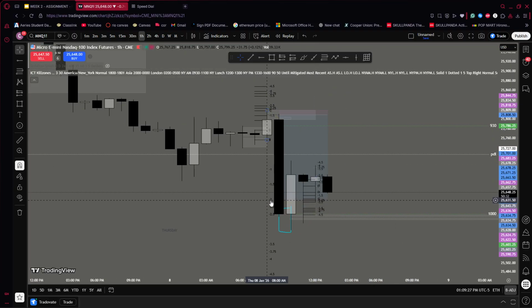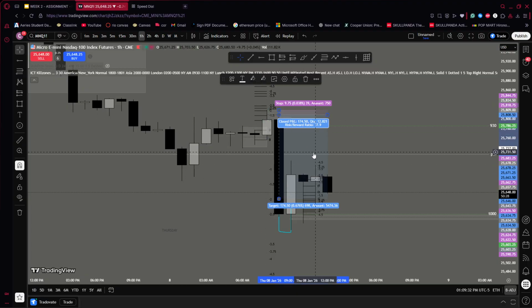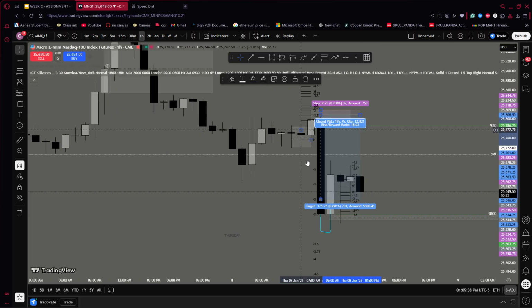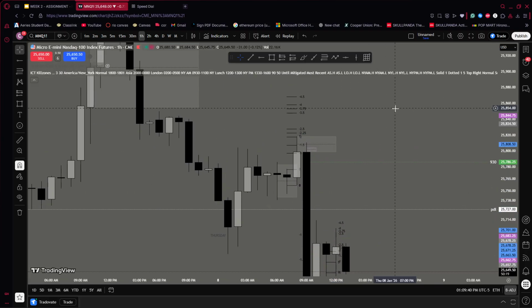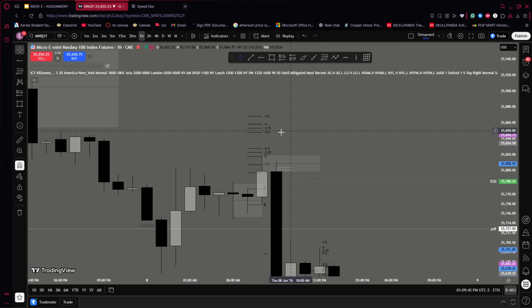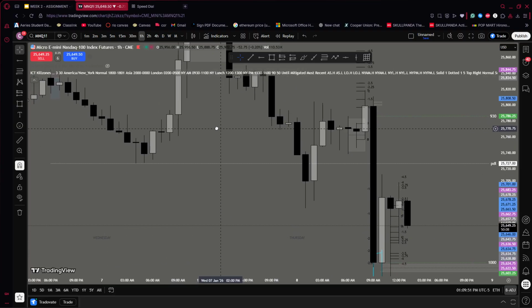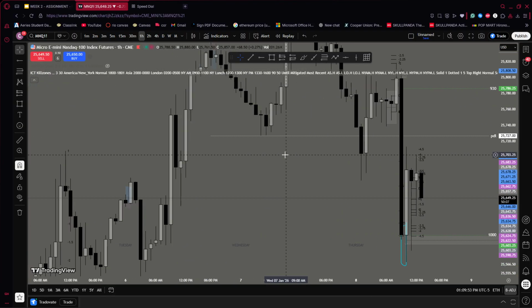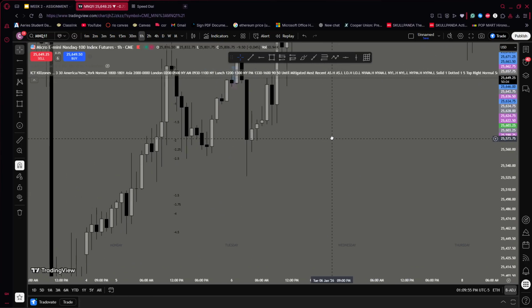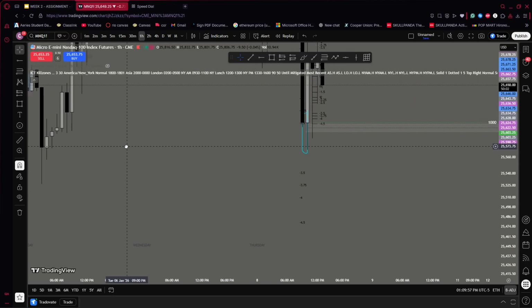If you target the -2 of this standard deviation that I'll show you later, you basically caught the whole New York session. So this is a very strong PD array. Usually it works really well on the 4 hour, 1 hour, and 15 minute. That's where you'll see a lot of rejection blocks work really well. Let's see if I can find another example of it.